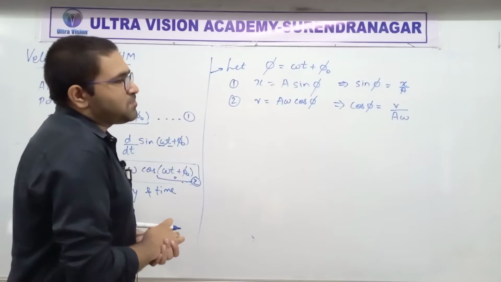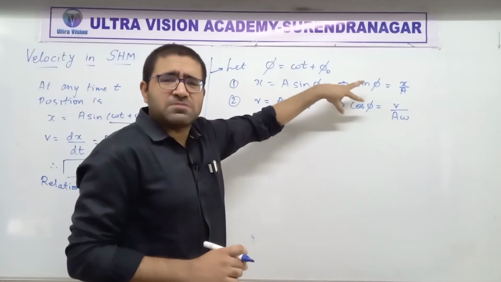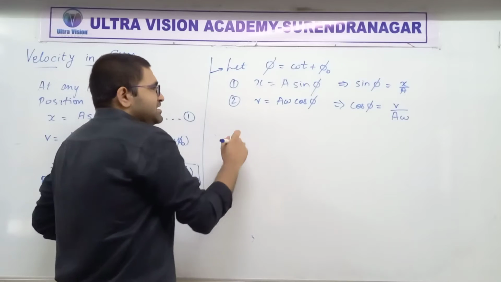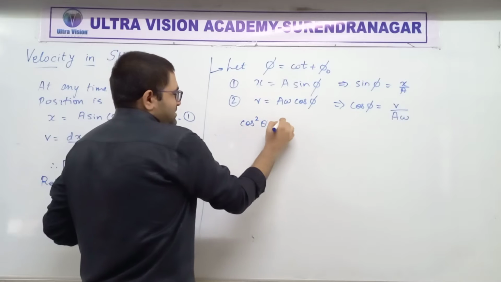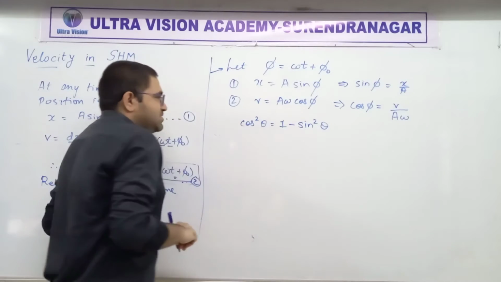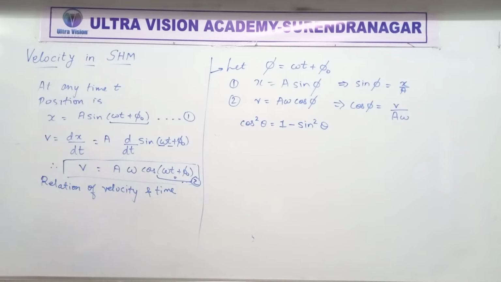Now, I'm sure everyone remembers that there is a simple relation between sin theta and cos theta that we have learned in 10th standard. It is that cos square theta is 1 minus sin square theta. Do you remember that? Or basically sin square theta plus cos square theta equal to 1.